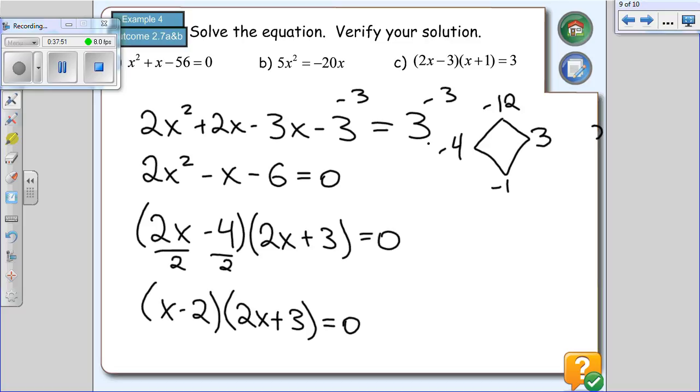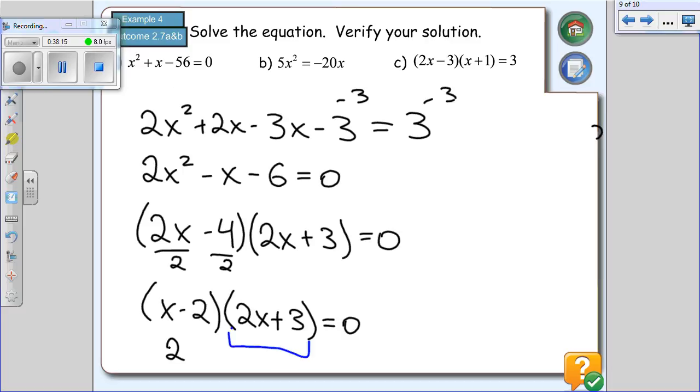The second one is going to be a little bit more confusing, so I'm going to do it on the side in blue. What's our goal for the second binomial? What are we trying to figure out? Make it equal to 0. So what I'm going to do is 2x plus 3 equals 0. That's our goal. We want that second binomial to be 0.